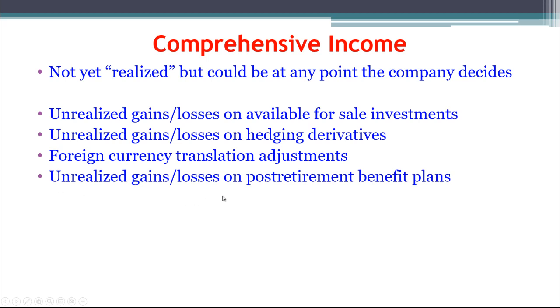Unrealized gains or losses on post-retirement benefit plans, pension, basically. So these are all estimates. We have estimates that we record expenses and assets and liabilities for pension. We basically say if or when everybody retires, in different years. Some people are retiring next year, some people are retiring 10 years from now, some 30 years from now.